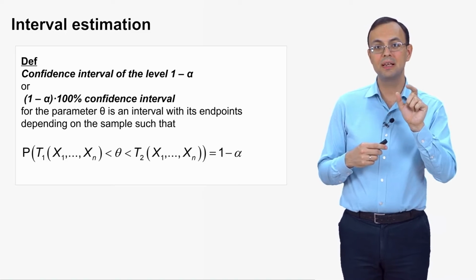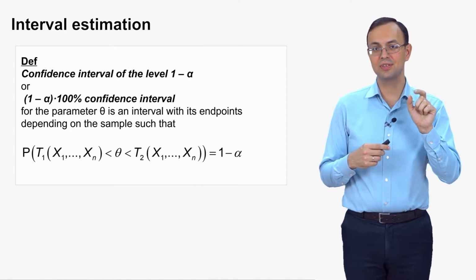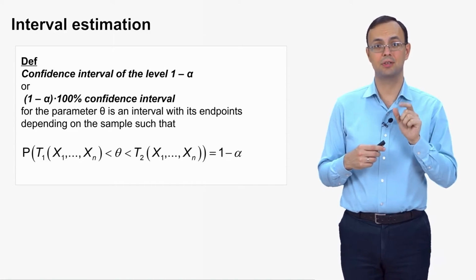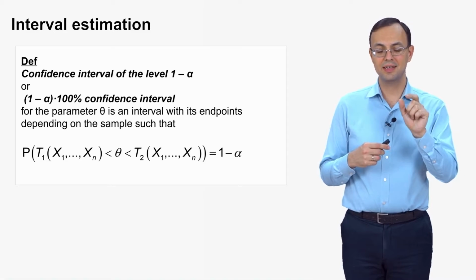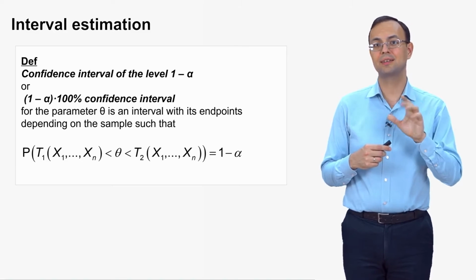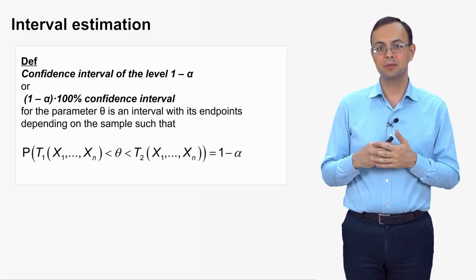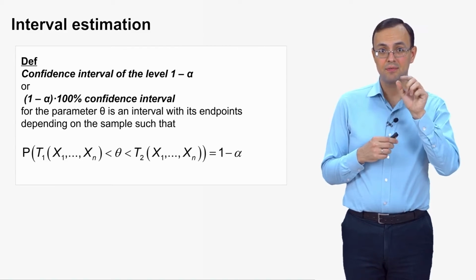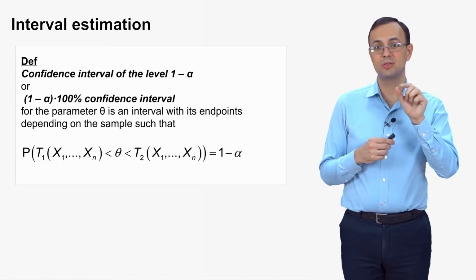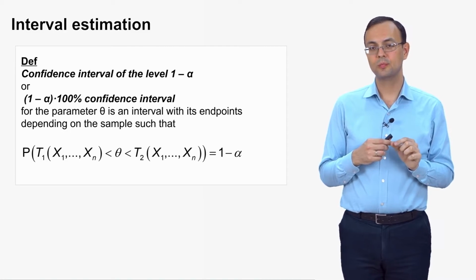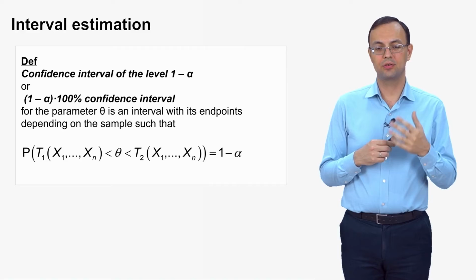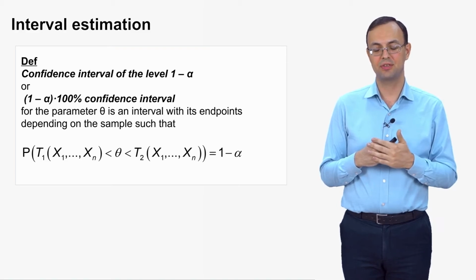So I give an interval, and if the width of the interval is, I don't know, 2 millimeters, this is an estimating of very high accuracy. I can say that with high probability, like 0.99 or 0.95, the actual value of the parameter is inside this very narrow interval of just 2 millimeters. This is a highly accurate estimator.